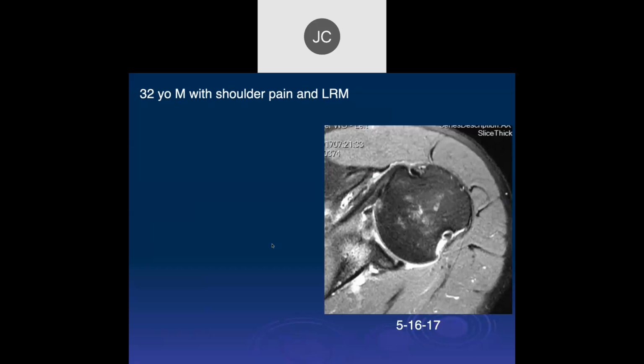All right, 32-year-old male, left shoulder pain, loss of range of motion. So it looks like we have a Hill-Sachs defect. Then there's some injury to the anterior labrum and glenoid as well, right? Okay.